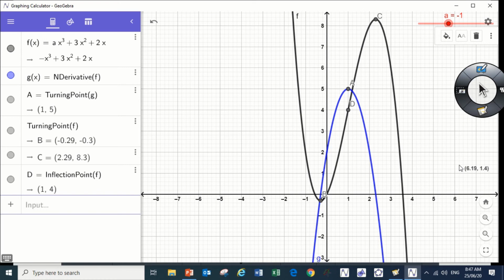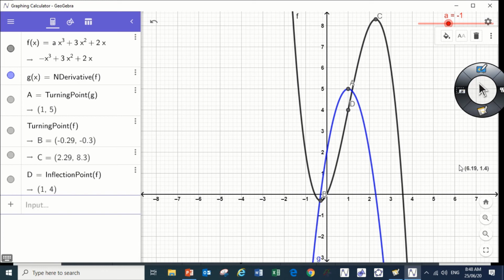Now, the quadratic, when a was positive, we had a minimum turning point for the quadratic. But now a is negative, we now have the maximum turning point for the quadratic. So the quadratic is an increasing function when the cubic graph is concave up, which is also true when a was positive.